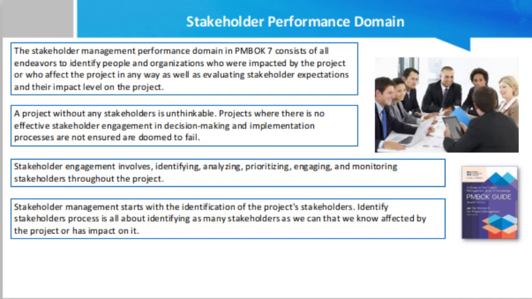Then the next step after identification is evaluating them according to a prioritization method recommended by PMI. The next step is preparing a stakeholder engagement plan that will represent the applicable and logical strategies determined by the project team about dealing with, working with, or involving each of those stakeholders.